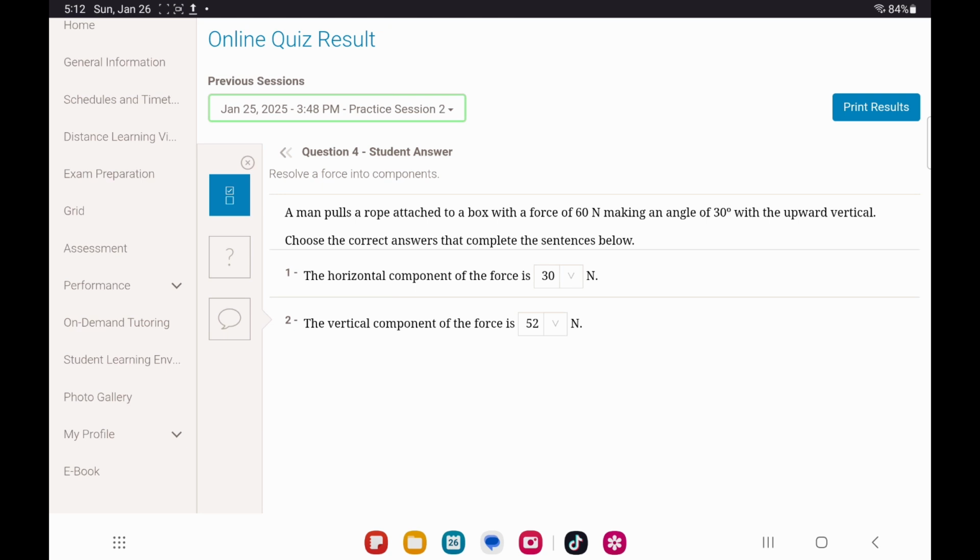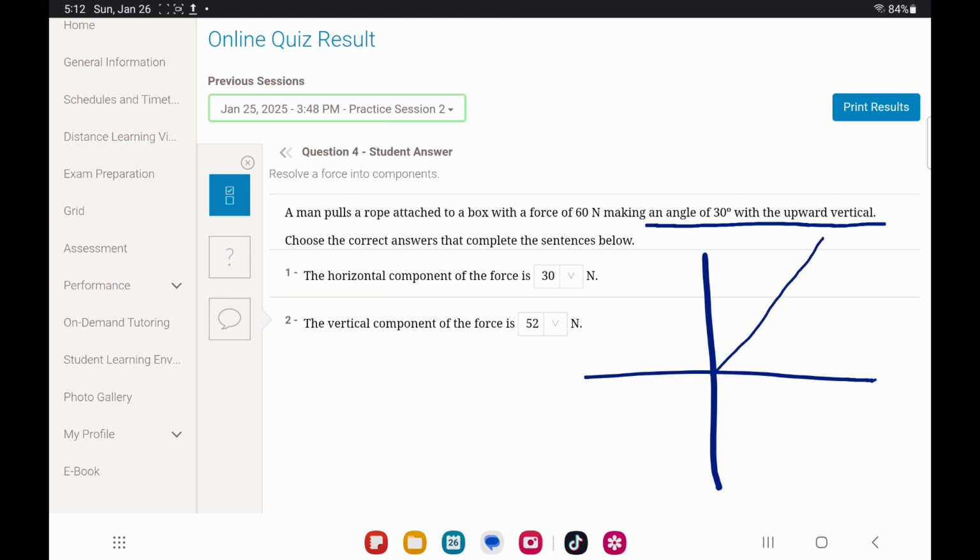Okay, this is literally the same thing, just with different numbers. But make sure you read the question. This says it's making an angle with the upward vertical. So this is your graph. This, for example, is your angle 30, but they're saying it's going with the upward vertical. This is y, and this is x.